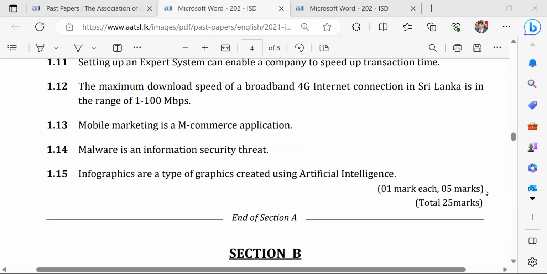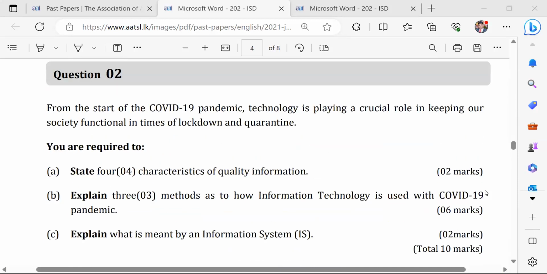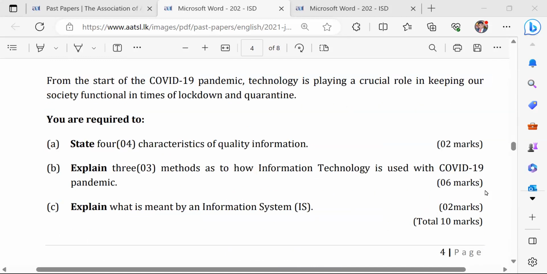Now I'm going to the writing questions. Just think of question number 2. It asks to state 4 characteristics of quality information and the type of information that is related to an information system.